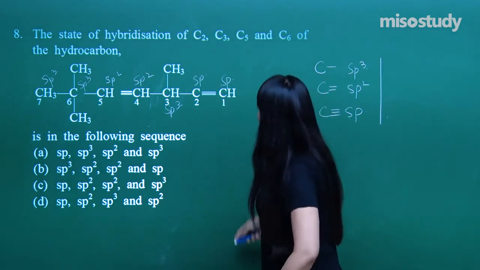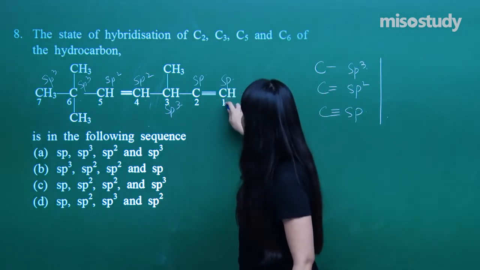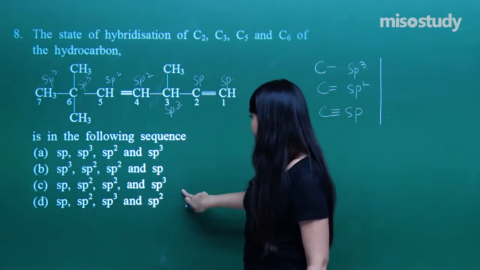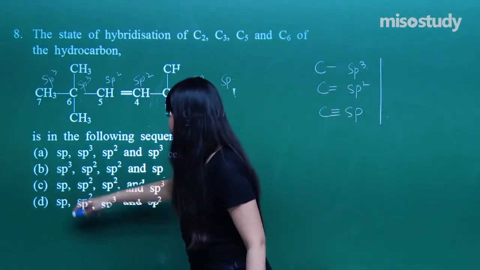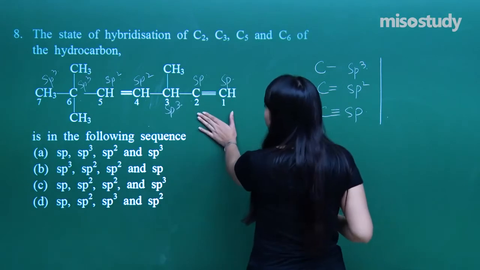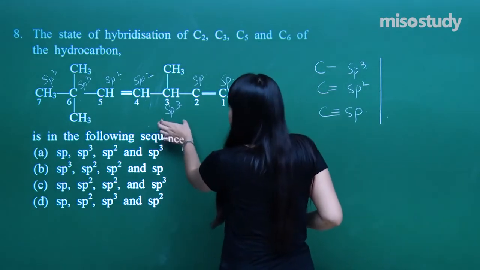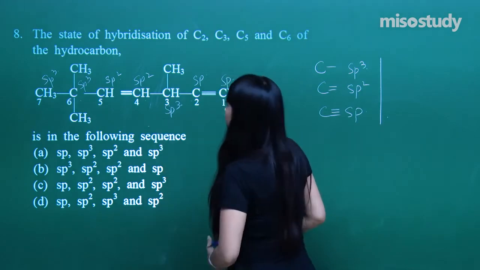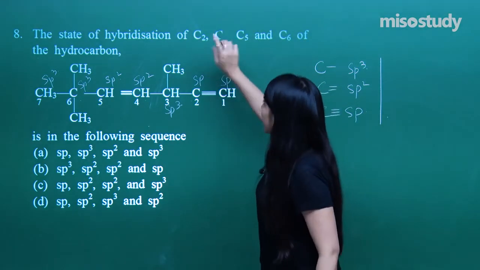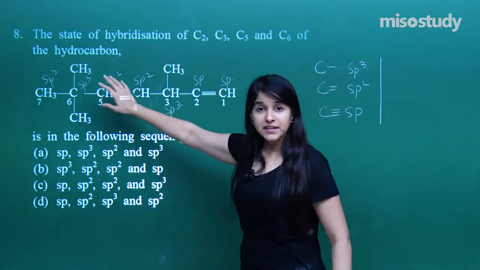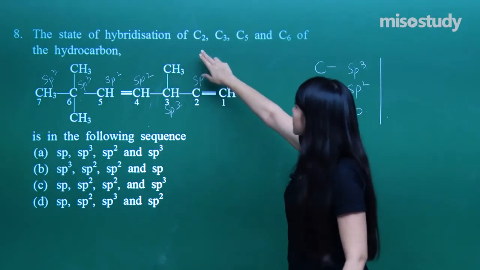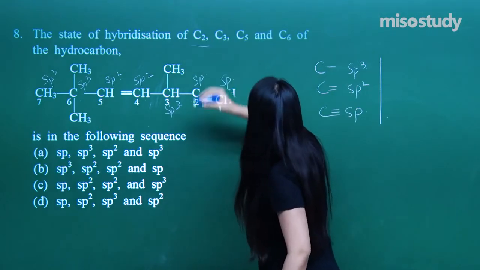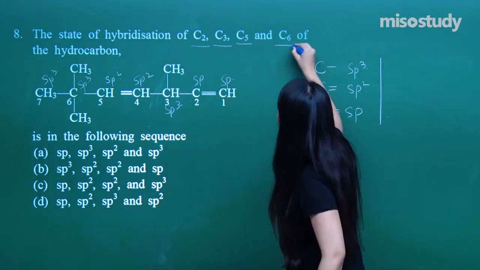So let's match the options here. Number 1 is sp followed by sp, and then followed by sp3. Once we read the question properly, they are asking about the state of hybridization of C2, C3, C5 and C6.